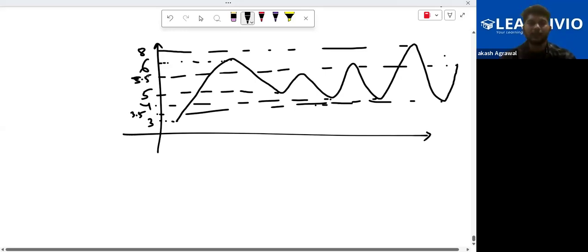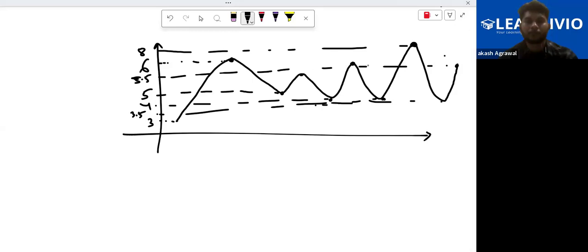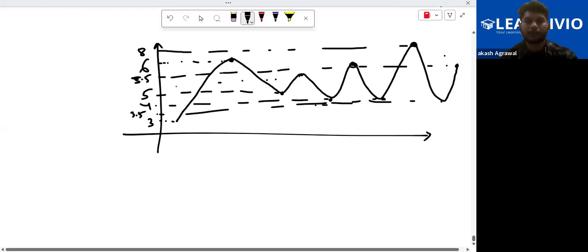Okay, these are the values of these points. This we can say is 5.5. This we can say is 5.3 or something.